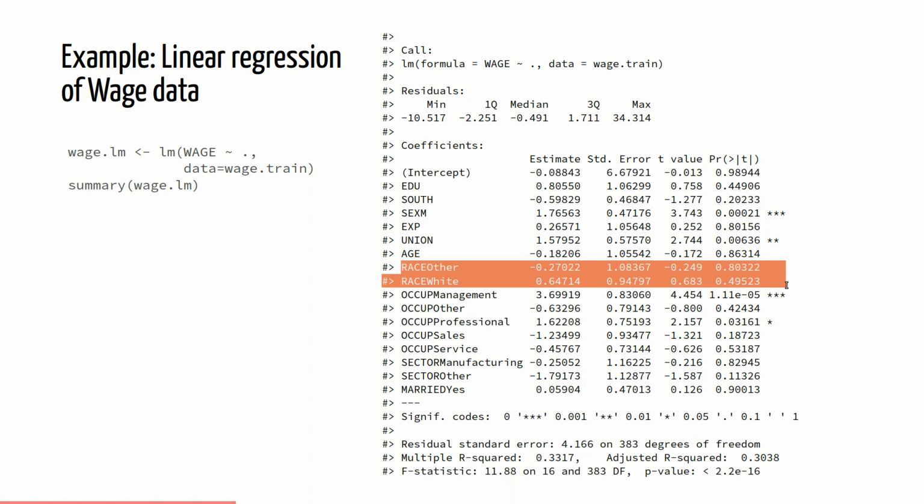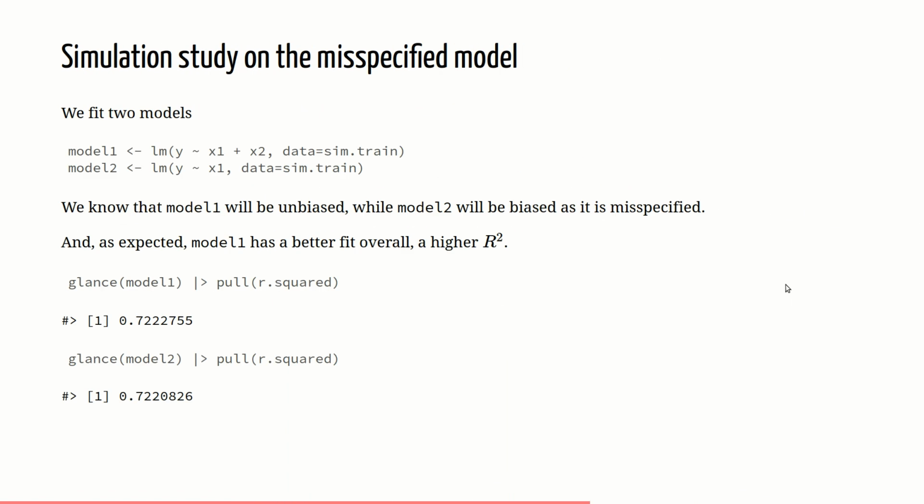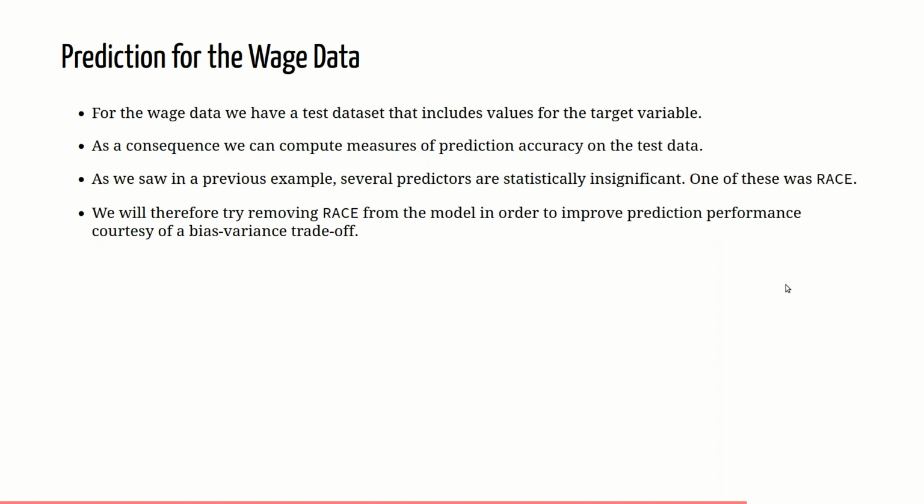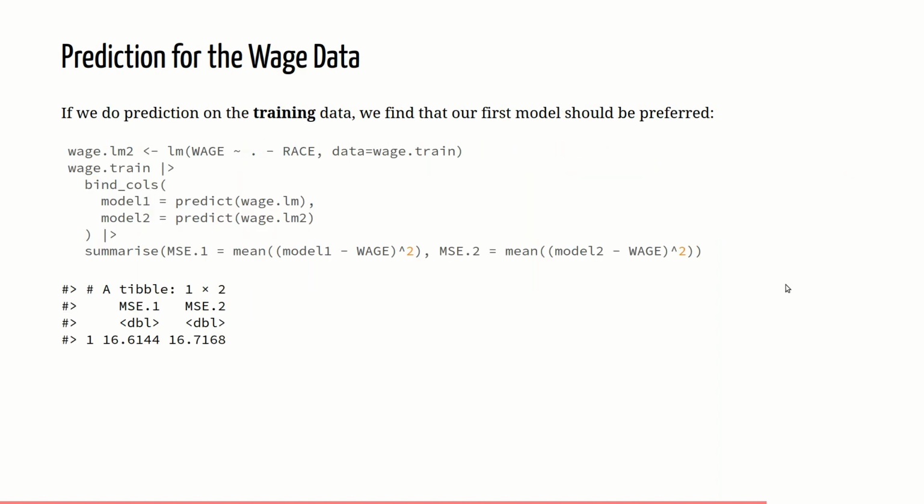Our p-values were large. So one thing we might try is just removing it. Our model is suggesting that race is not important, so we could refit the model without race and see how we do.